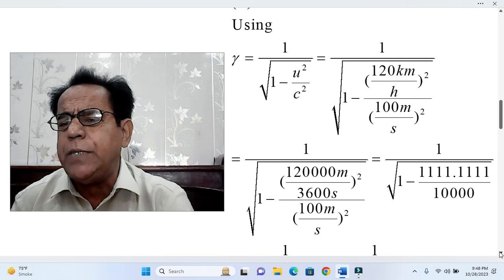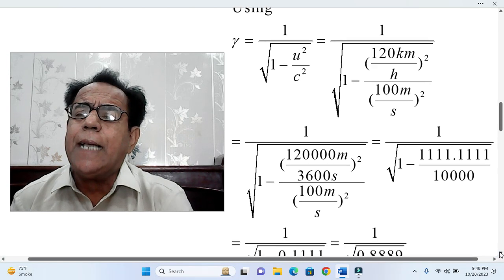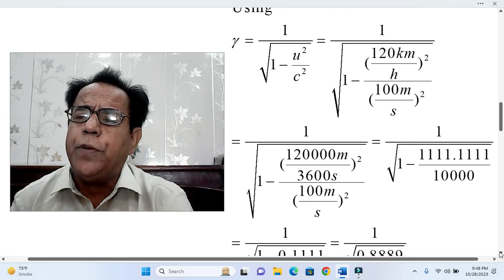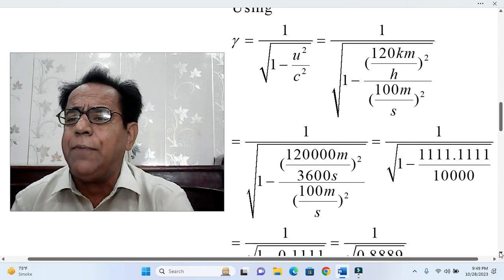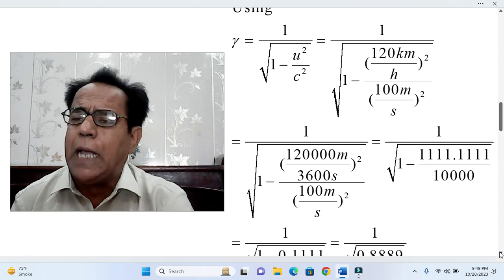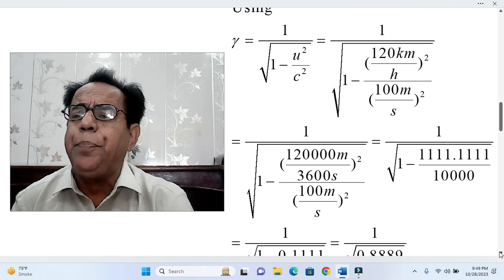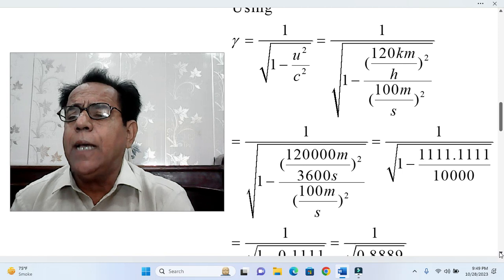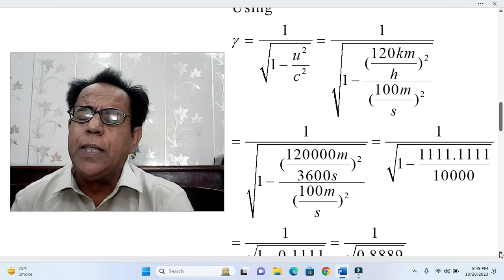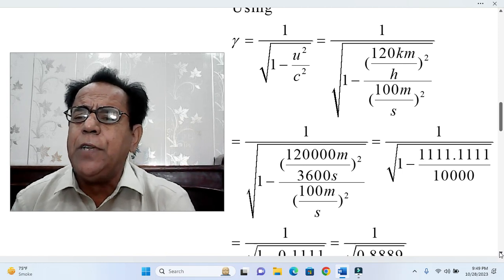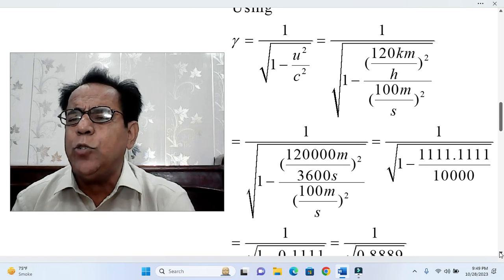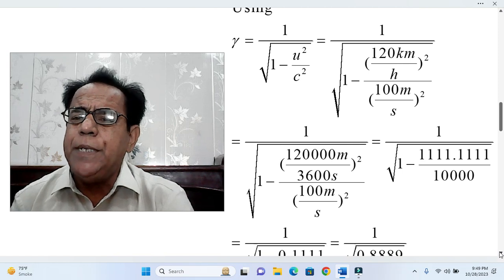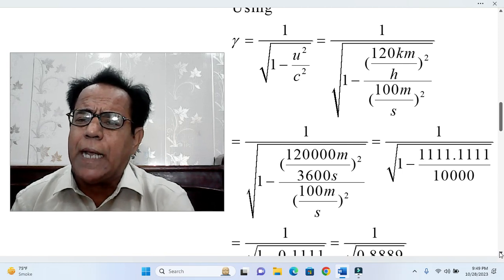In place of c we have used 100 meters per second. In the next step, it will become 1 over 1 minus 1111.1111 divided by 10,000, because the square of 100 will be 10 raised to the power 4 or 10,000, while meter square per second square will cancel with meter square per second square.